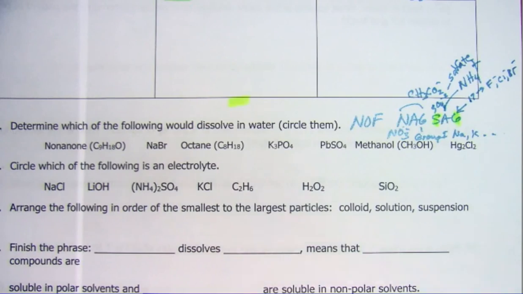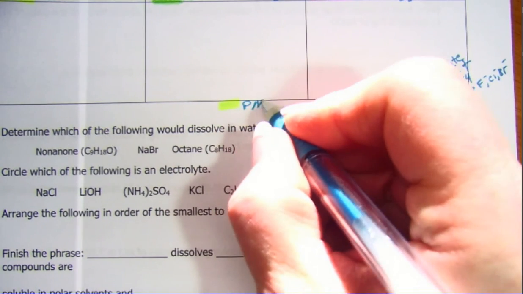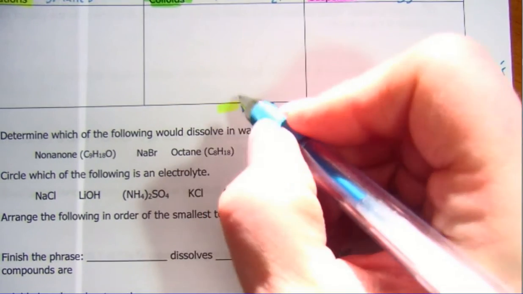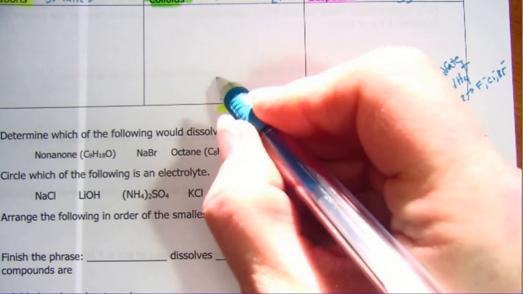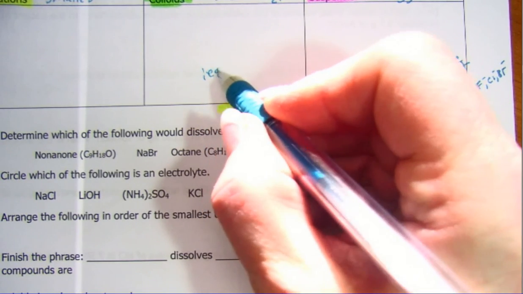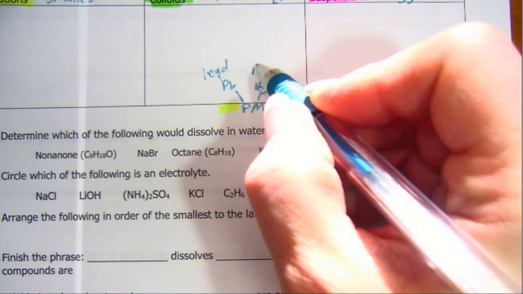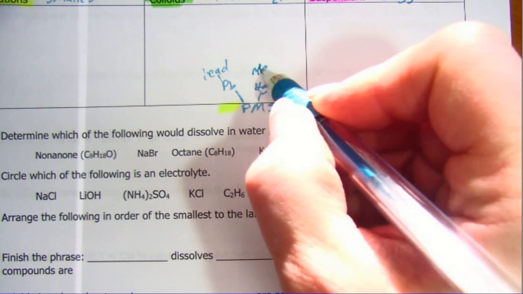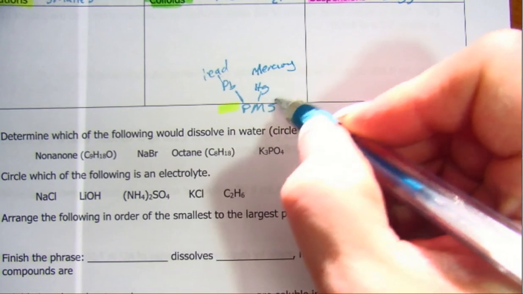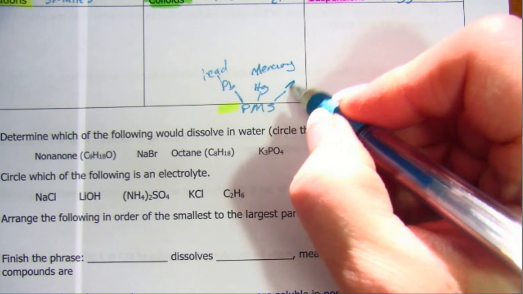The first exception is PMS. That means when they mix with lead, mercury, or silver, they're not soluble.